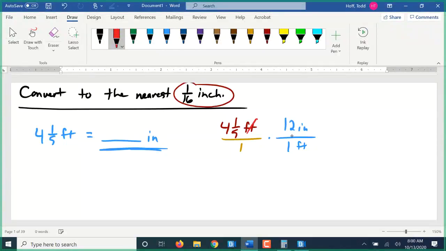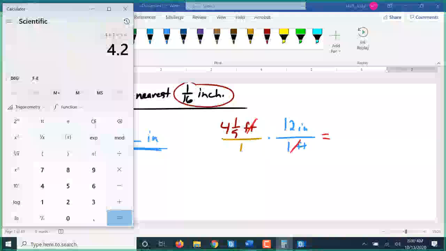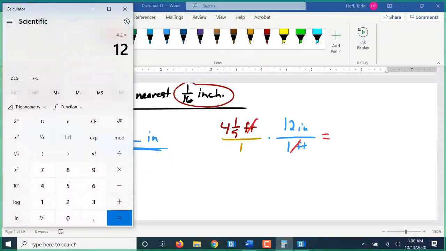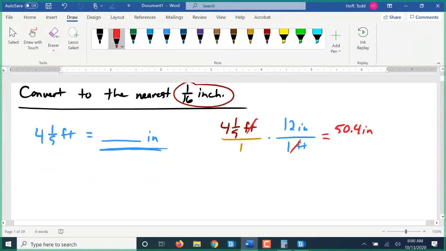Our feet cancel out. So we have 4 1/5, 4 plus 1 divided by 5, or 4.2, times 12, which is going to be 50.4. So we have 50.4 inches here.